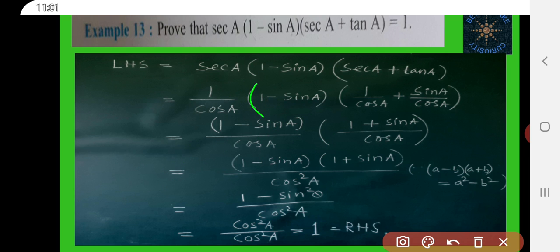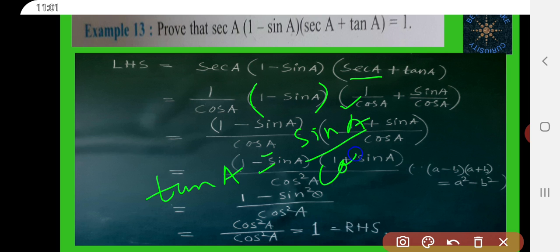This remains same. Then here sec a you can write 1 by cos a, and tan a you know is sin a by cos a. So you can write in the place of tan a, sin a by cos a.